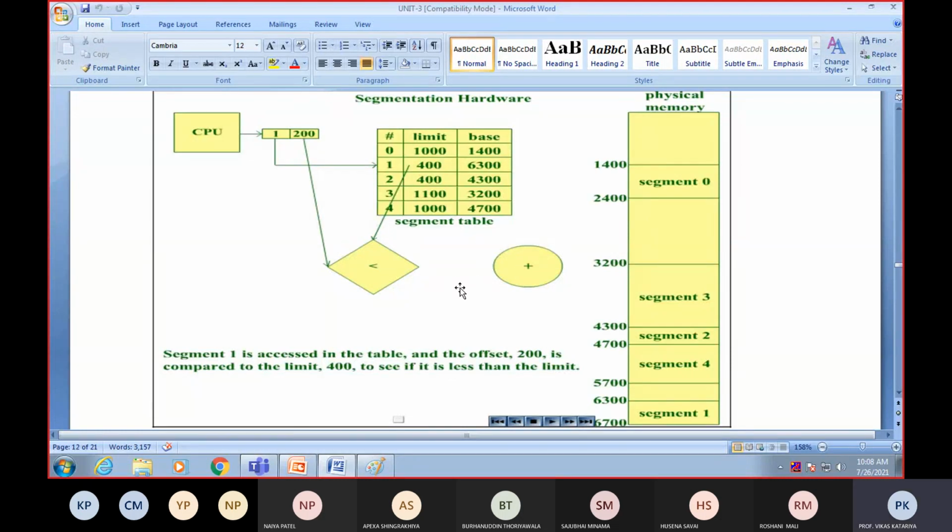Before getting the physical address, we are not able to find it.